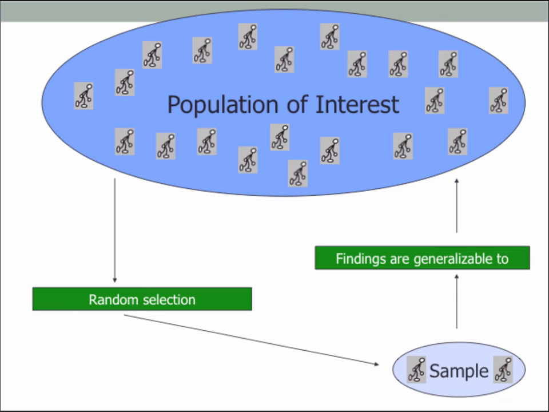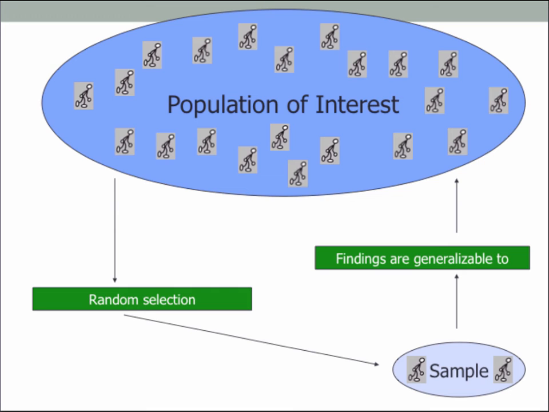And this is all hoping that our sample looks like our population of interest, right? They are representative of each other. And as long as we randomly select appropriately, and we'll talk about different techniques about that today, as long as we can randomly select our sample from the population, then hopefully we can generalize those findings back to that population.